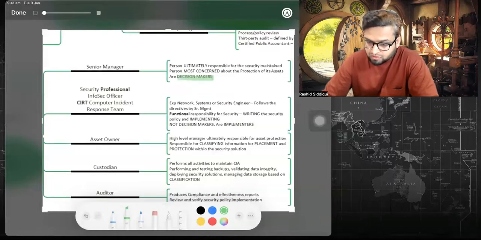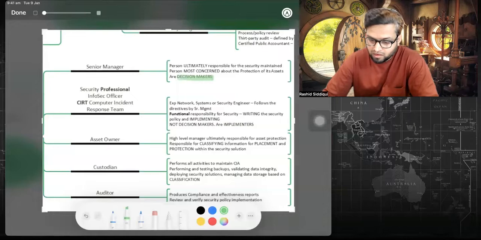The other role is called asset owner. Who is an asset owner? Asset owner is the high-level manager who is ultimately responsible for asset protection. He is responsible for classifying information, for placement and protection within the security solution. If you remember, we talked about corporate governance, security governance, and IT governance, right?